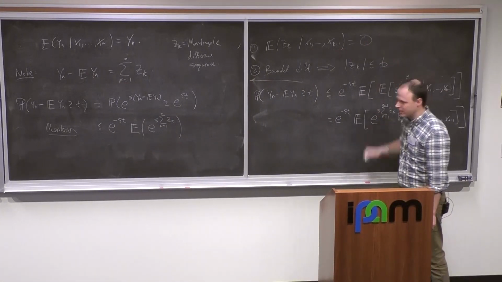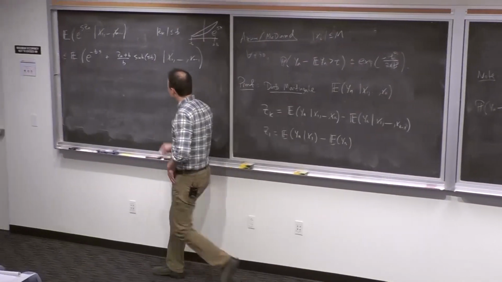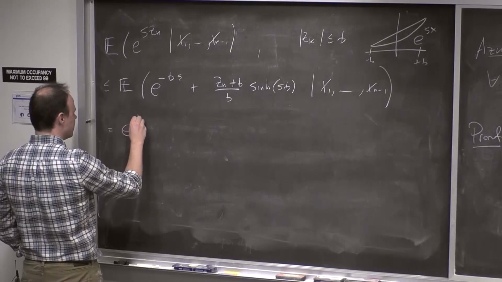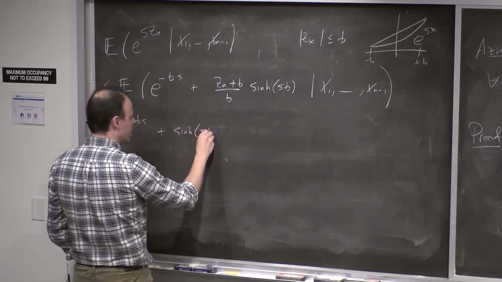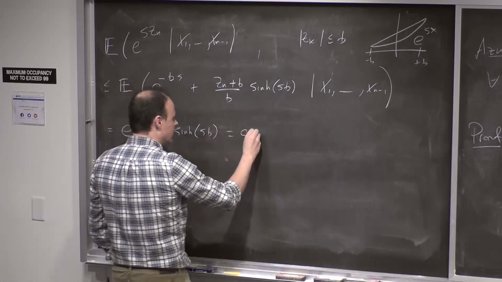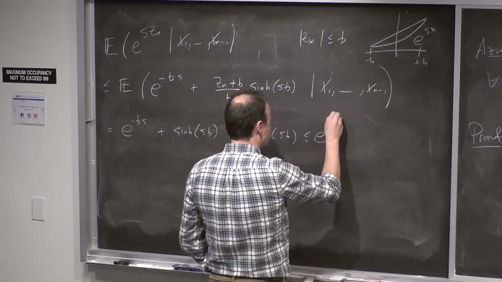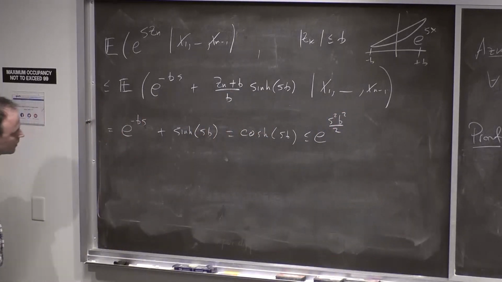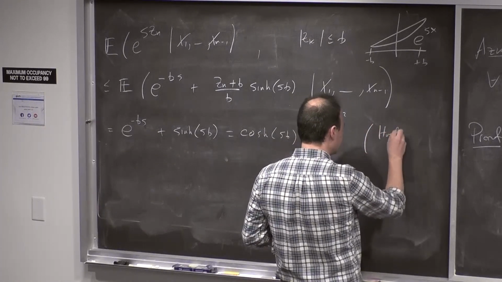So I have the mean 0 condition, and again that term drops out. The b over b drops out, and I get the same thing as before: e to the minus bs plus hyperbolic sine of s times b, and that's hyperbolic cosine, which is less than e to the s squared b squared over 2. This is the Hoeffding lemma, right?